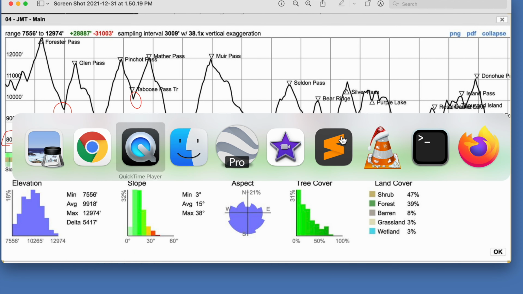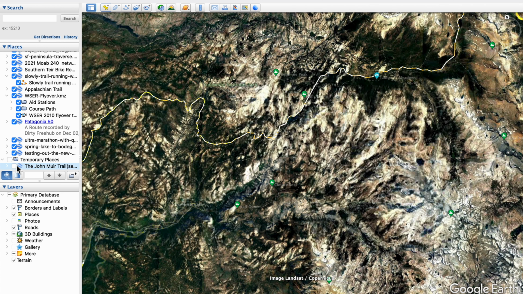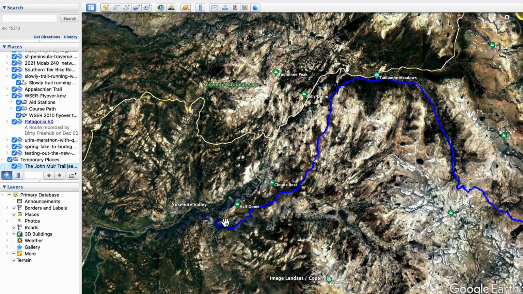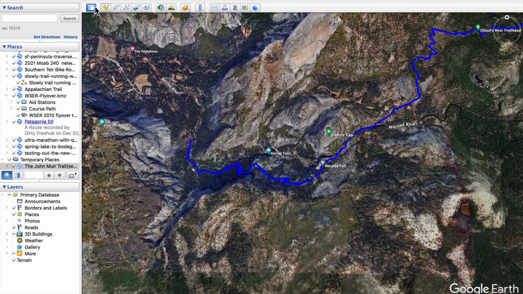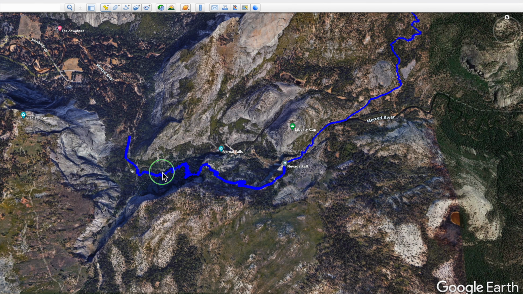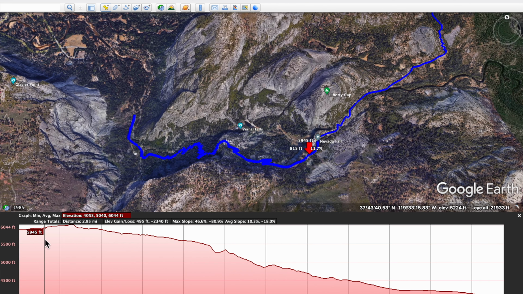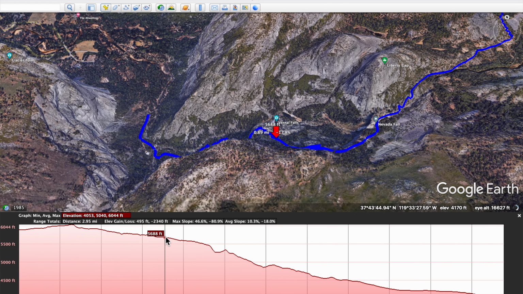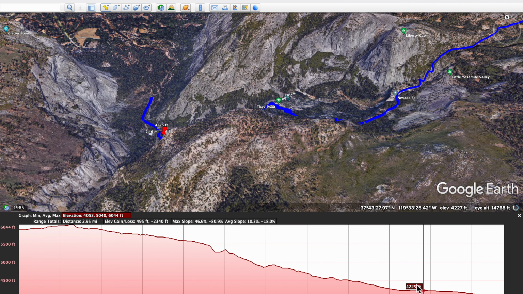We'll pop into Google Earth Pro real quick and overlay the John Muir Trail. Here's Yosemite Valley. And we can visualize this a little better if we show our elevation profile. This shows us going down from Nevada Falls at 6,000 feet. But if we start, we'll be coming up.